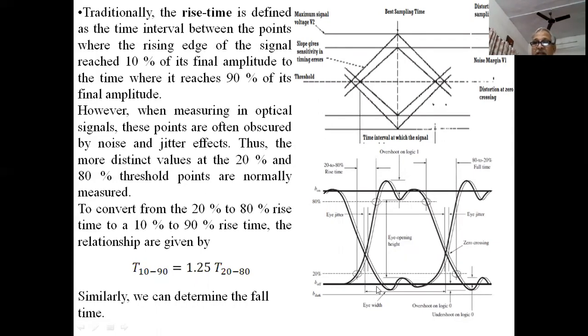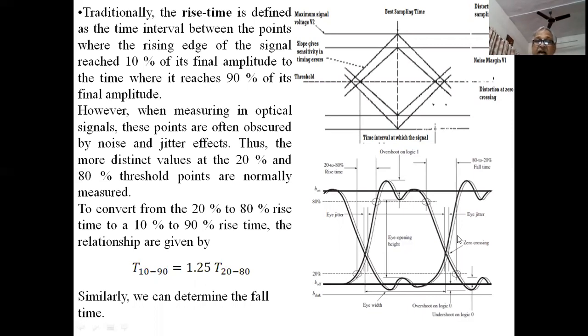The difference T2 minus T1 is the rise time. Similarly, the time at 90% is T3 and at 10% fall of maximum height is T4. Then the difference T4 minus T3 gives the fall time.